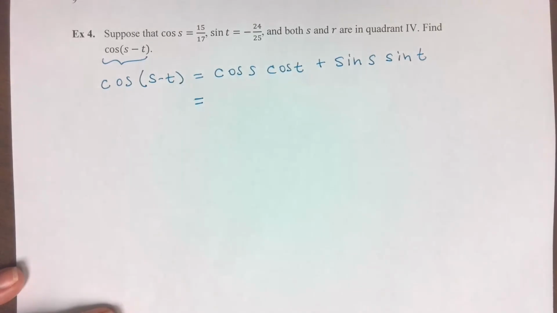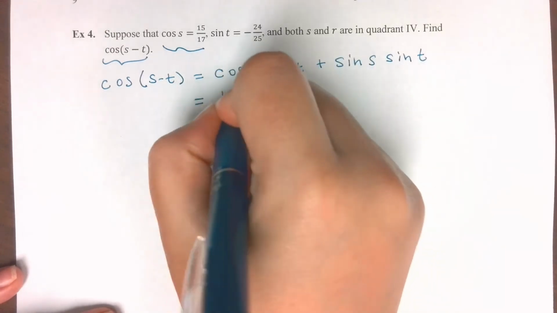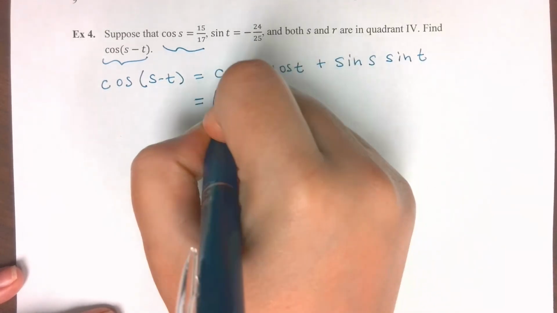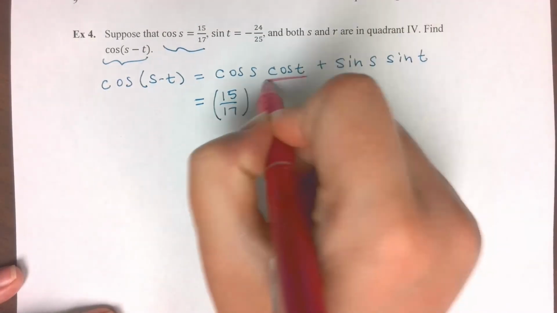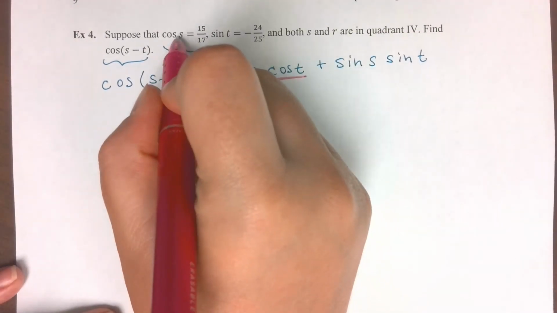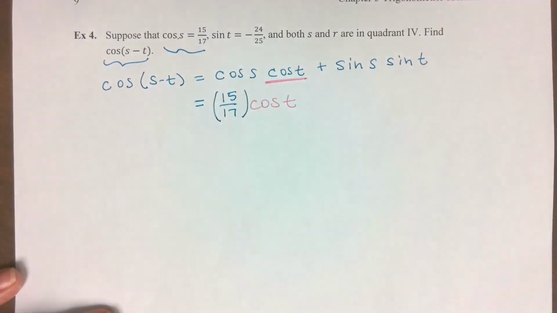Let's look at what we know. We know cosine s, so I can write 15 over 17 here. But we don't know cosine t. We only know cosine s, so I'm just going to rewrite cosine t.